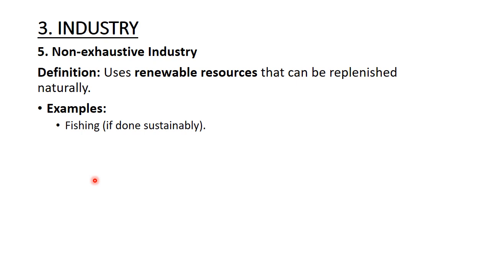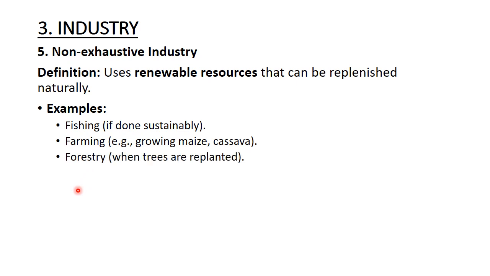You cannot fish, to allow the fish to breed, to allow the fish to multiply. Okay. Also, farming is an example of non-exhaustive industry. Forestry, of course, this one can only work if you are able to replant. You are cutting down trees and replanting trees. So it needs both deforestation and reforestation.